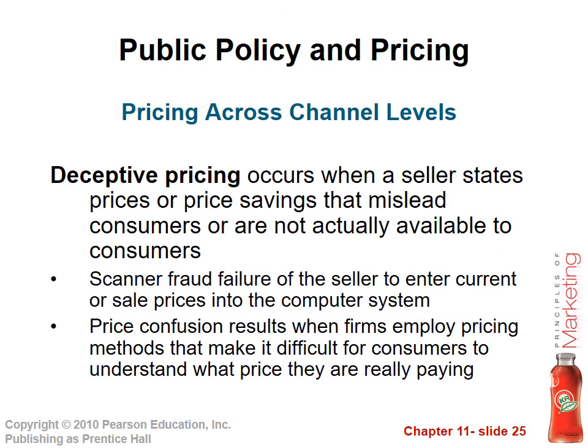Deceptive pricing occurs when a seller states a price or price saving that misleads customers and is not actually available to customers. Just for example, when you go to the supermarket, sometimes you are not aware that the price of a product on the shelf is a wrong one, higher or maybe lower than the real price. For example, you buy a snack that costs 50,000, and when you come to the cashier, it becomes 60,000.